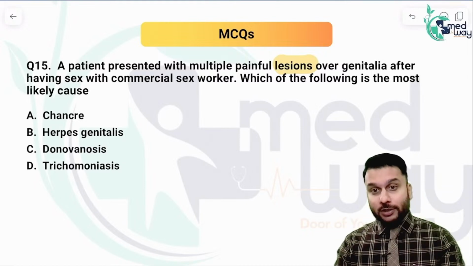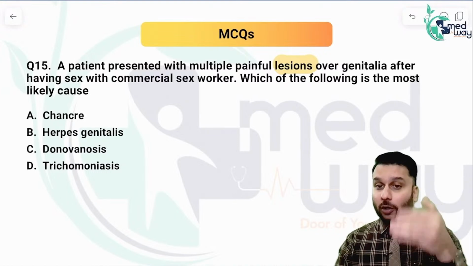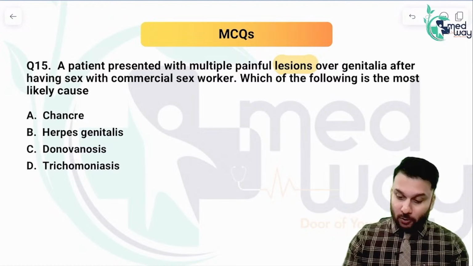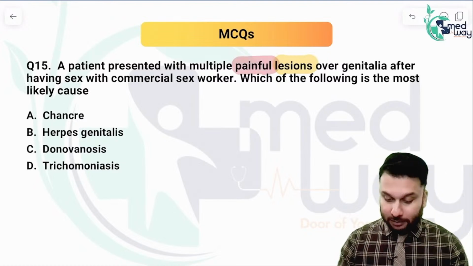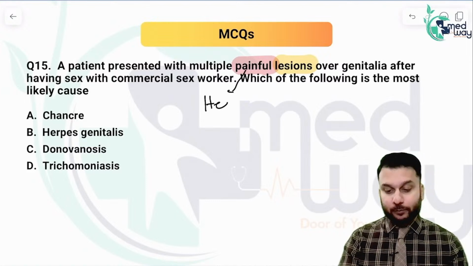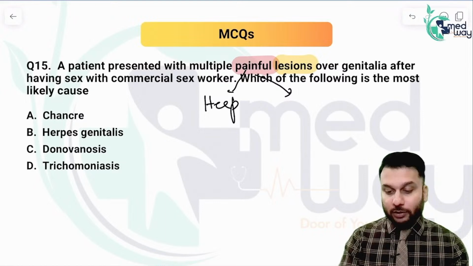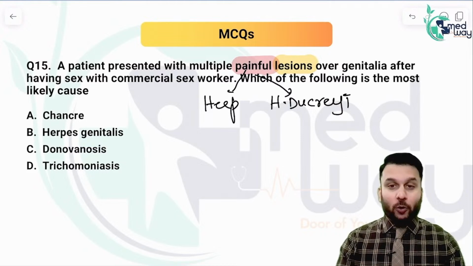Now, once you know there is a lesion, what you should do next is see whether it is painful or painless. As long as they mention painful, you have only two options that can be painful. One is herpes genitalis, and the second one would be Haemophilus ducreyi, which causes a disease called chancroid.